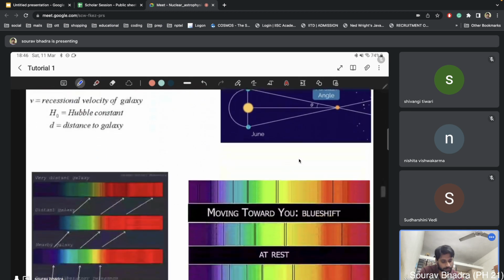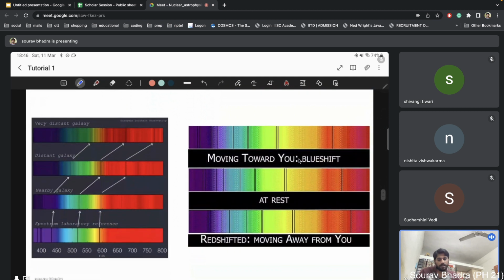I have also shown it in the picture here. You can see that at rest, the spectrum looks like this, where these black lines are particular spectral lines. If it is moving towards you, that means blueshifted, and blueshifted means lambda will decrease. So you can see here the lambda has decreased, the shifting is towards the lower wavelength.